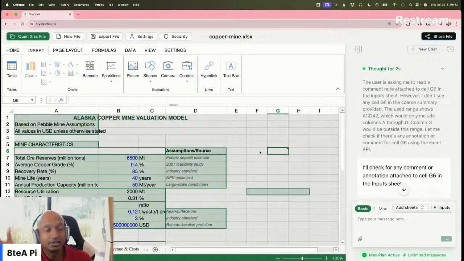I guess what they're doing is they're doing it hierarchically. So you have the model first look at the course range, and then from the course summary, it then goes into the fine detail. So what the agent is doing is that it's dividing all of the Excel spreadsheet pieces into blocks first. It has a block for inputs, a block for valuation, a block for sensitivity.